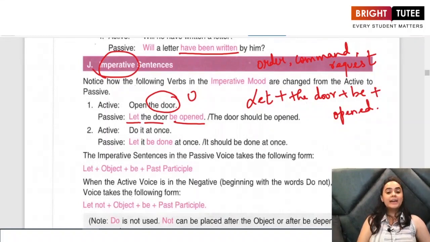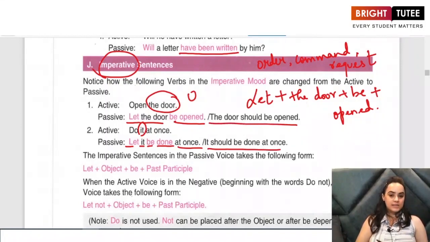Do it at once. Now here I have a subject, so let it be done at once. Alright? Or the door should be opened, it should be done at once. There are two ways in which we can change an imperative sentence to a passive sentence.